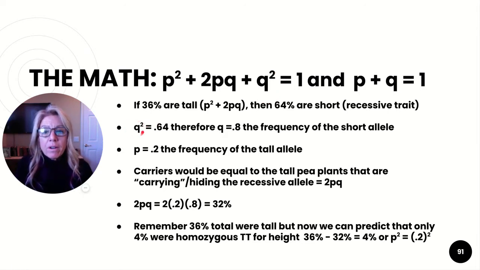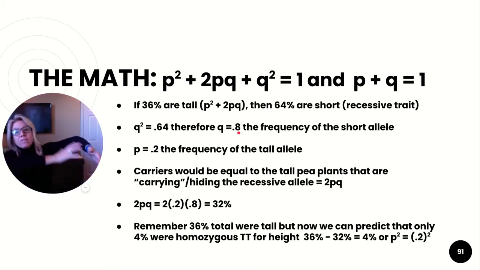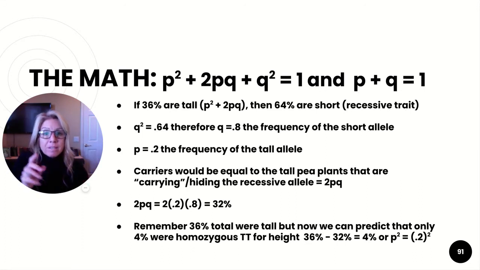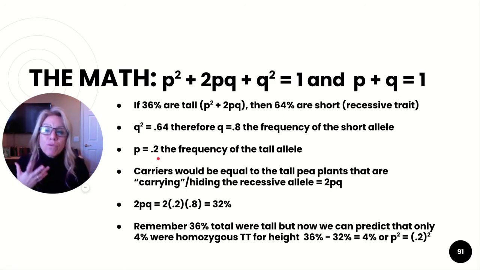If Q squared equals 0.64, then if you take the square root of each side, then you know Q equals 0.8. That means in the gene pool, 80% of the alleles are little q's, okay? That means what's left then? If 80% are Q, then since P plus Q equals 1, what would P be? P would be 0.2. That is the frequency of the tall allele.